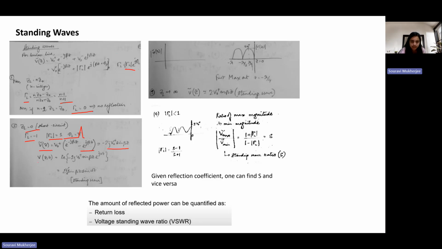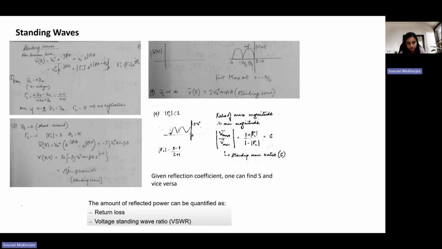So now if you want to write the complete form of your voltage as a function of both space and time, this is how it would look like. So you have 2 V naught sine beta z into sine omega t, right? And that's a typical form of a standing wave. For a propagating wave, you have something like omega t minus beta z, omega t plus beta z, all this kind of form, right? But here you have a product of two sinusoids.